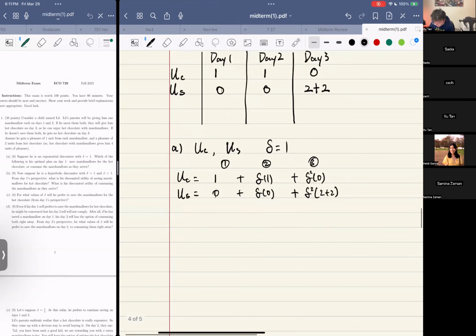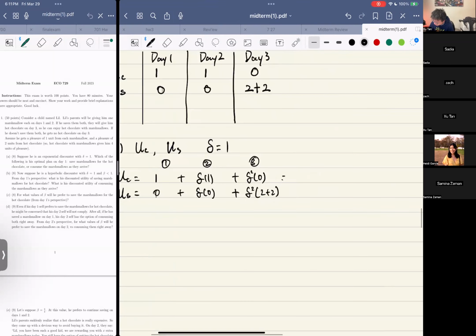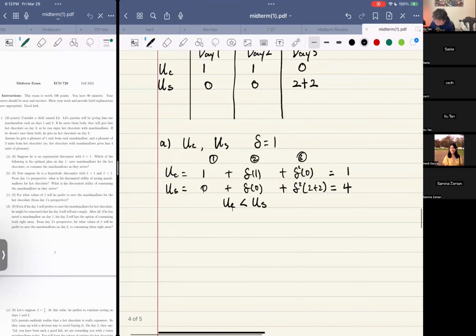So which is his optimum plan on day 1? The utility for consumption is 1. The utility of saving is 4. So UC is less than US. Therefore, save.